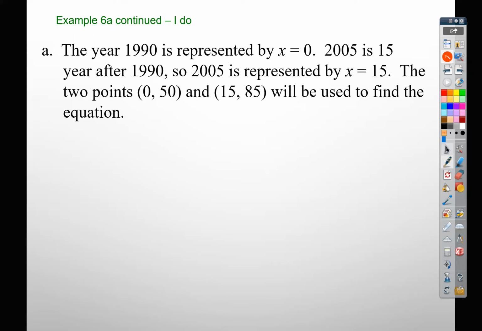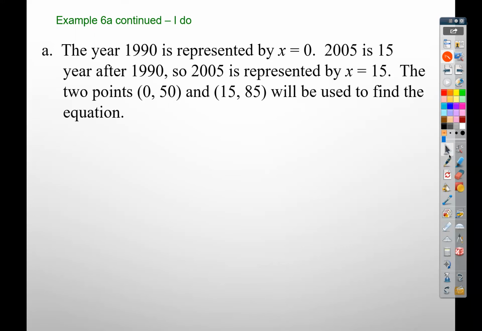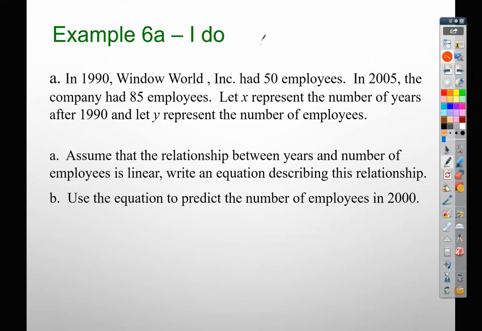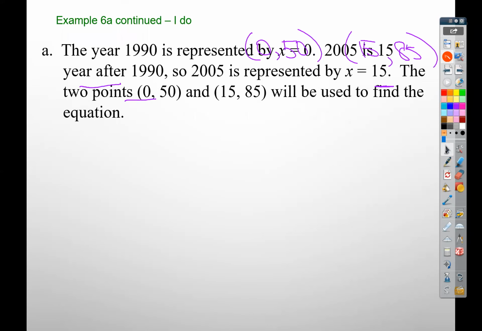I want to go back to the problem again. In 1990, we're going to let x equal 0, because that's the beginning year. It had 50 employees. In 2005, 15 years later, it had 85. So that is how they are getting that information right here.